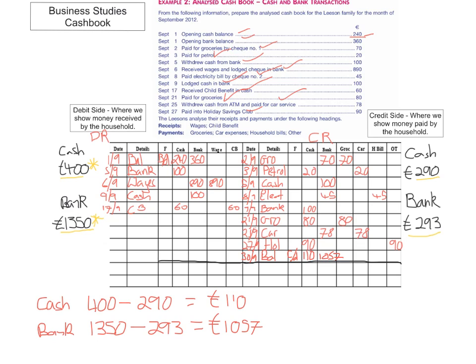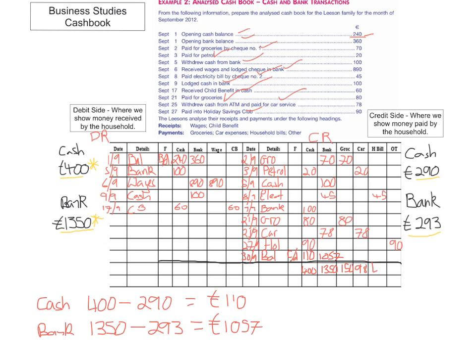And what you'll get, on this side, we'll get 400. On this side we will get 1,350. In groceries it's 150. In car it's 98.